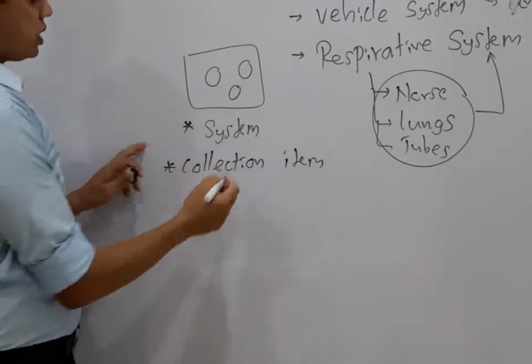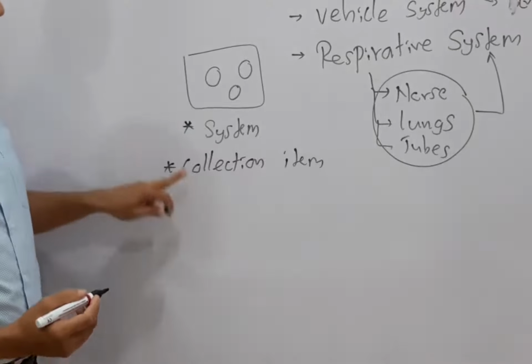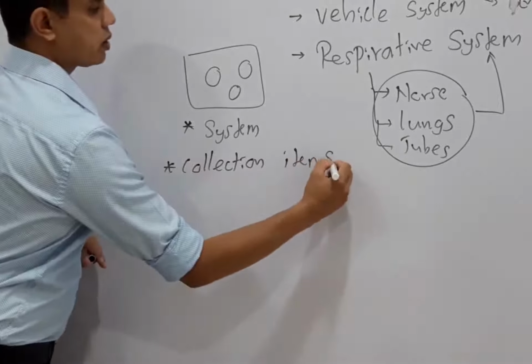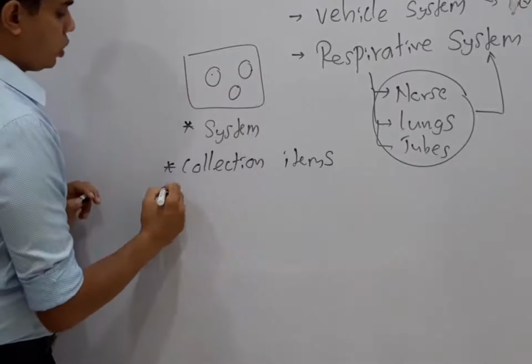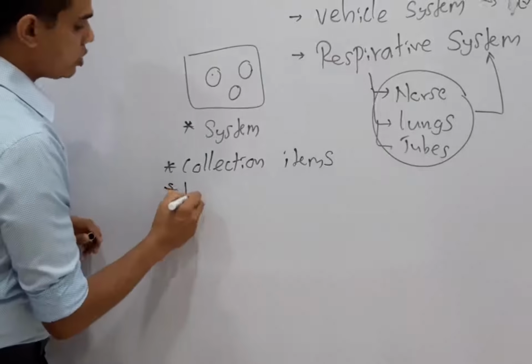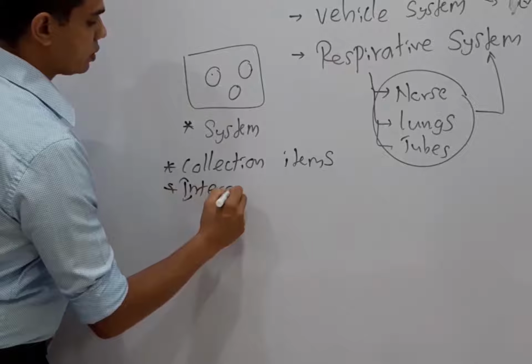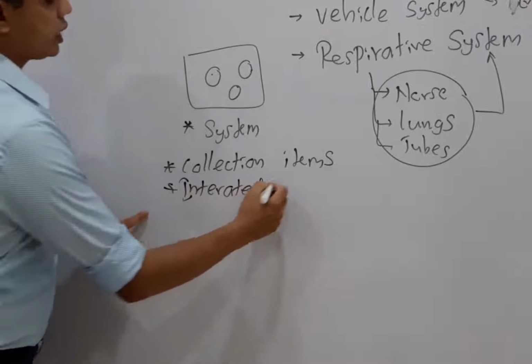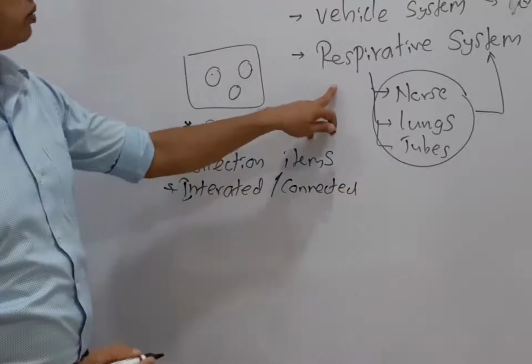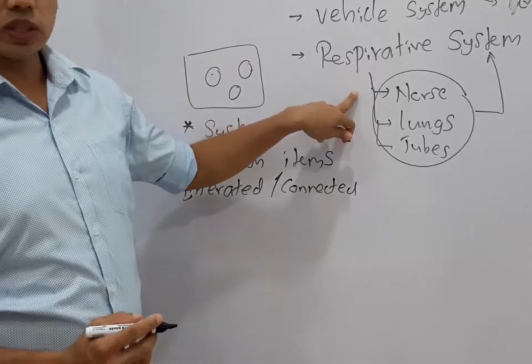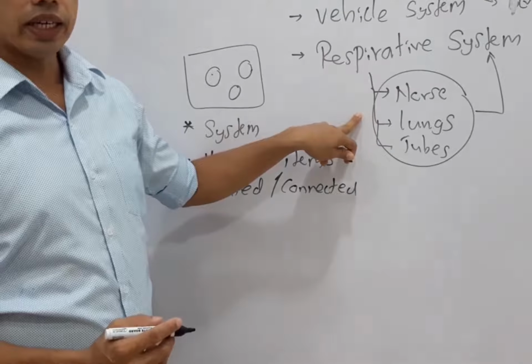So when defining a system, we must say that a system is a collection of items. These items are there in a general system. But those items interact with one another. They are connected. That's true. We'll go to the respiratory system. Our nose and lungs, are they connected?